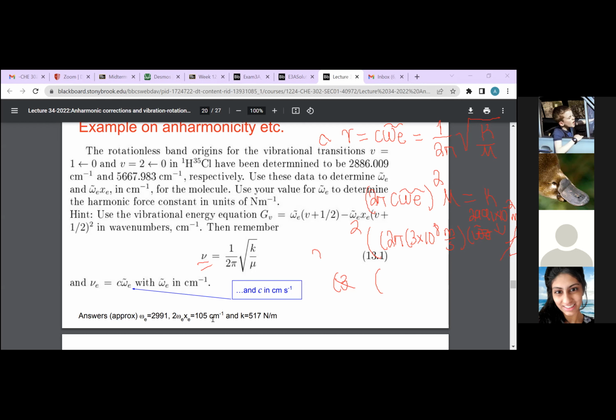That's going to be about 0.972 AMU, and then convert AMU to kilograms.